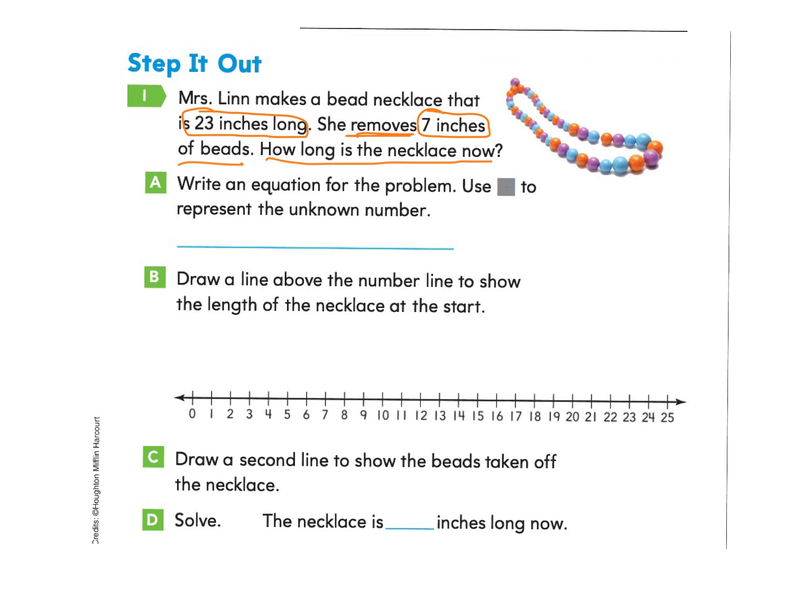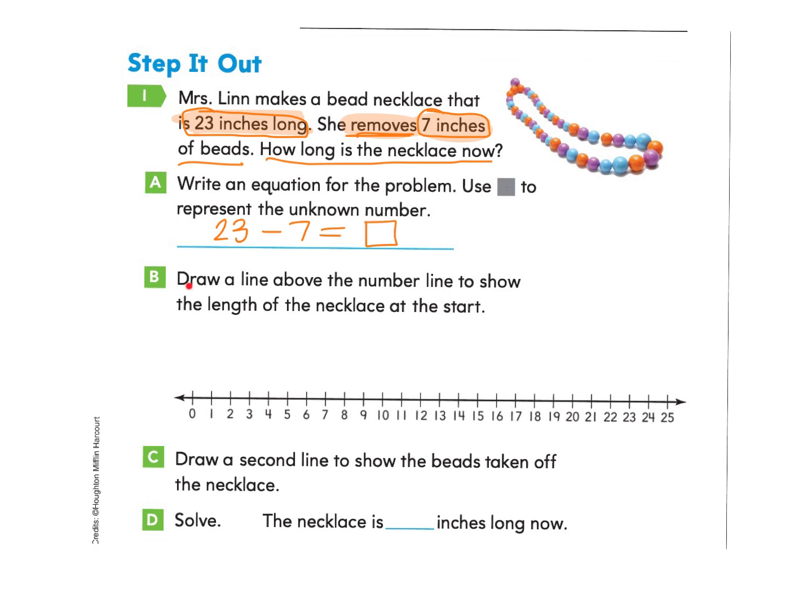So remember, first we had a necklace that was 23 inches long. Then she removes, which means she took something away, 7 inches of beads. So we can write that we had a 23-inch necklace, and we're taking away 7 inches, and when we do that, we will have an unknown number.